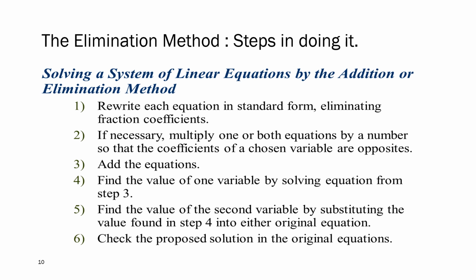Next, number two, if necessary, multiply one or both equations by numbers so that the coefficients of the chosen variable are opposites. Number 4, find the value of one variable by solving the equation from step 3. Then 5, find the value of the second variable by substituting the value found in step 4 into either original equation. And number 6, check the proposed solution in the original equations.